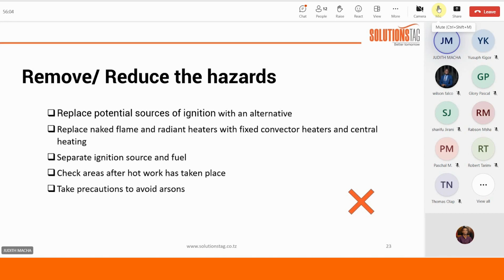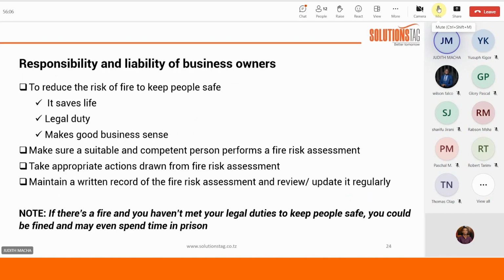While carrying out a fire risk assessment, you have to make sure that you use a suitable and competent person. As we saw, it's a complex operation where you need to analyze a number of things and how they are linked. So there's a requirement for a competent and experienced person to perform this risk assessment.